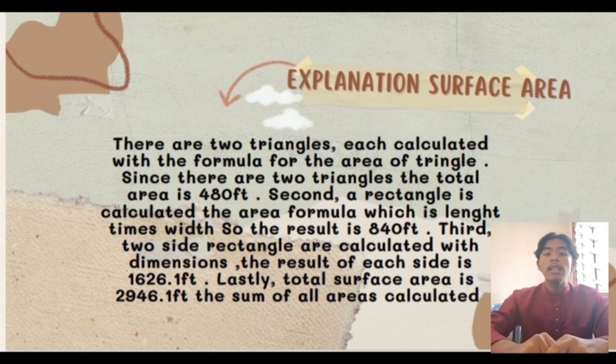Third, two side rectangles are calculated with their dimensions. The result of each side is 1626.1 square feet. And lastly, the total surface area is 2946.1 square feet, the sum of all areas calculated.